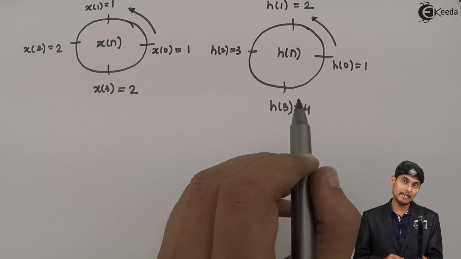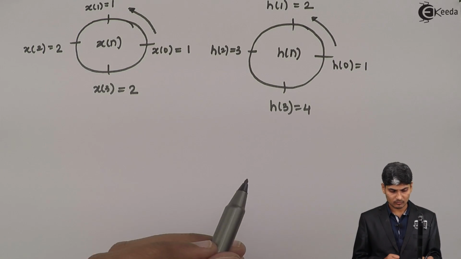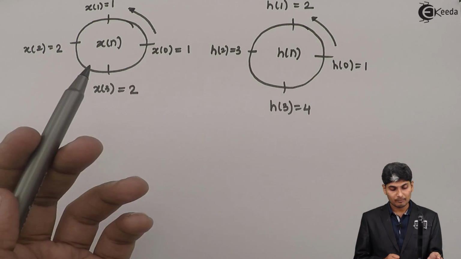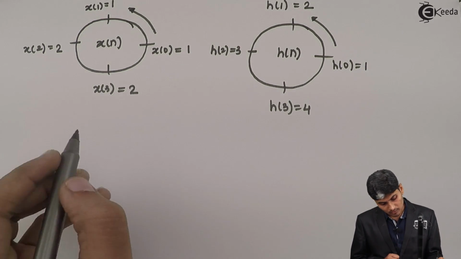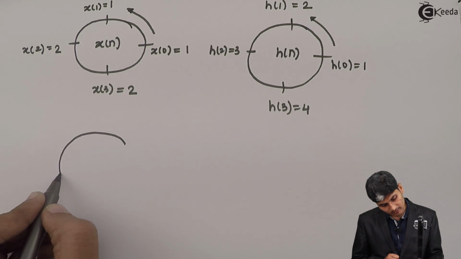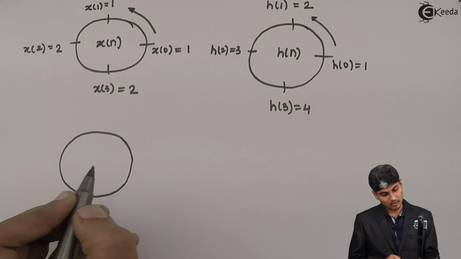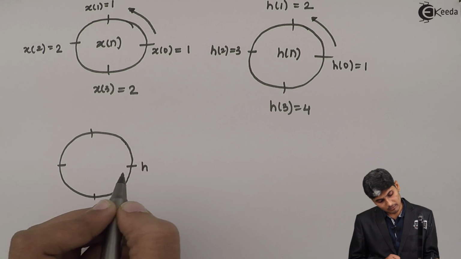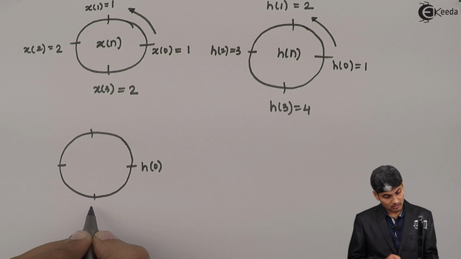So, let us mirror h of n rather than x of n. We can do either x of n mirroring or h of n mirroring, but we will do h of n mirroring. I will draw the sequence again, 4 equal parts again. This will be my h of 0.